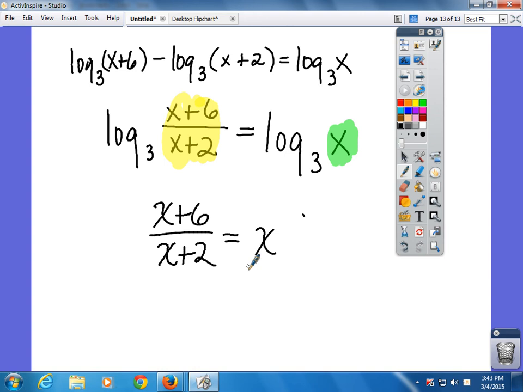How do you get rid of a fraction? Common denominator. So I'm going to multiply both sides by x plus 2 over 1.